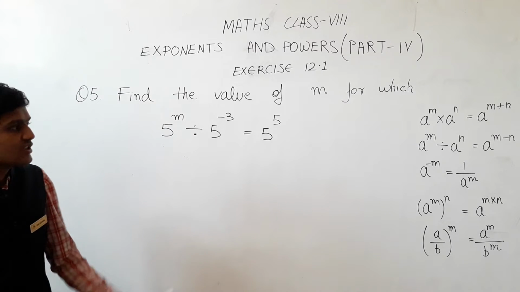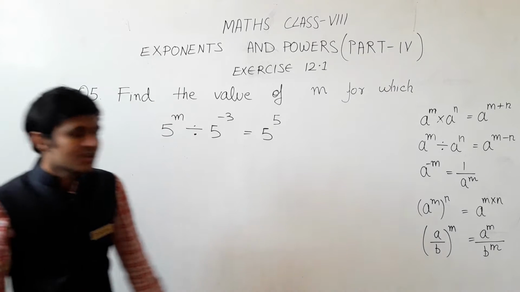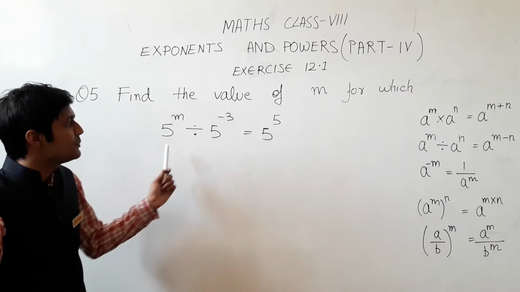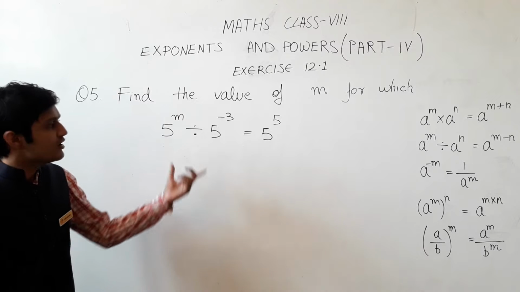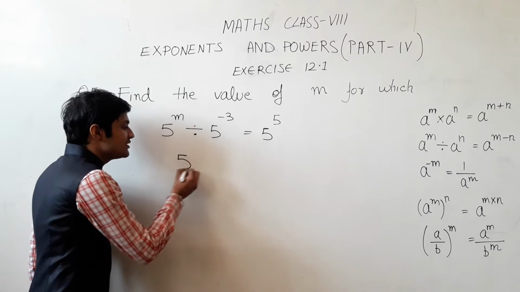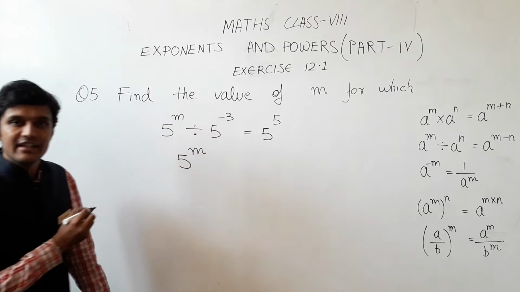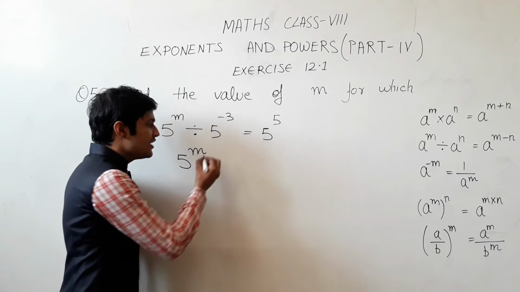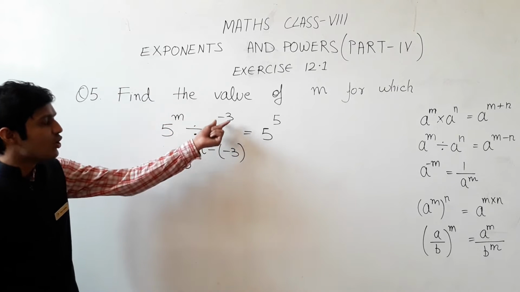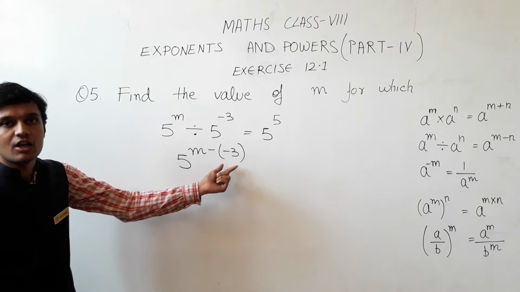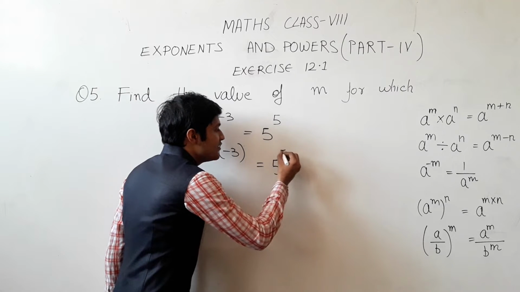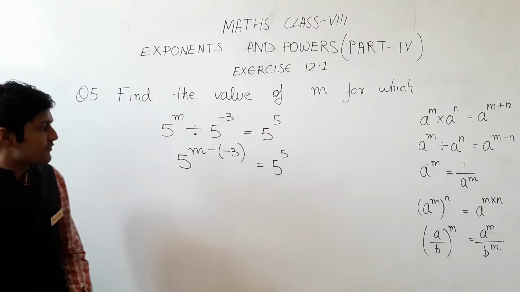Firstly, by using the laws of exponents, when the bases are the same and the two numbers are in division, the exponents are subtracted from each other. So I can write 5 raised to the power m minus minus 3, equals 5 raised to the power 5.